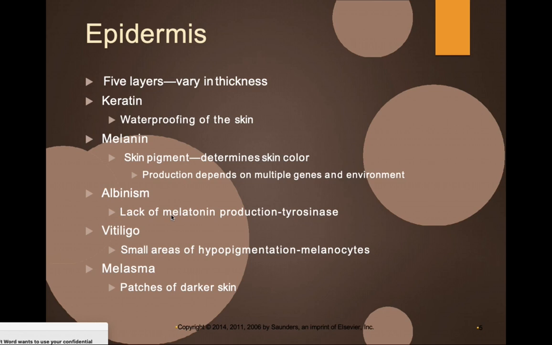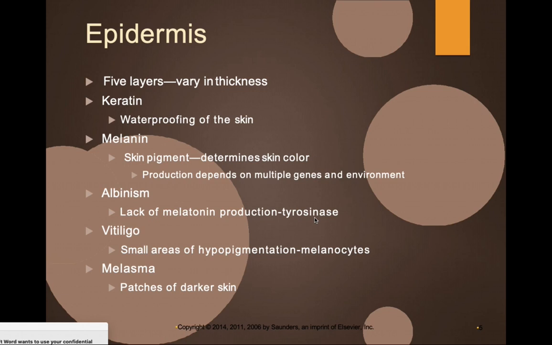It shouldn't say lack of melatonin, right? Melatonin and melanin are not the same thing. So let's make sure that we change albino or albinism to the lack of melanin and not melatonin. Okay, but that is primarily a result of tyrosinase.